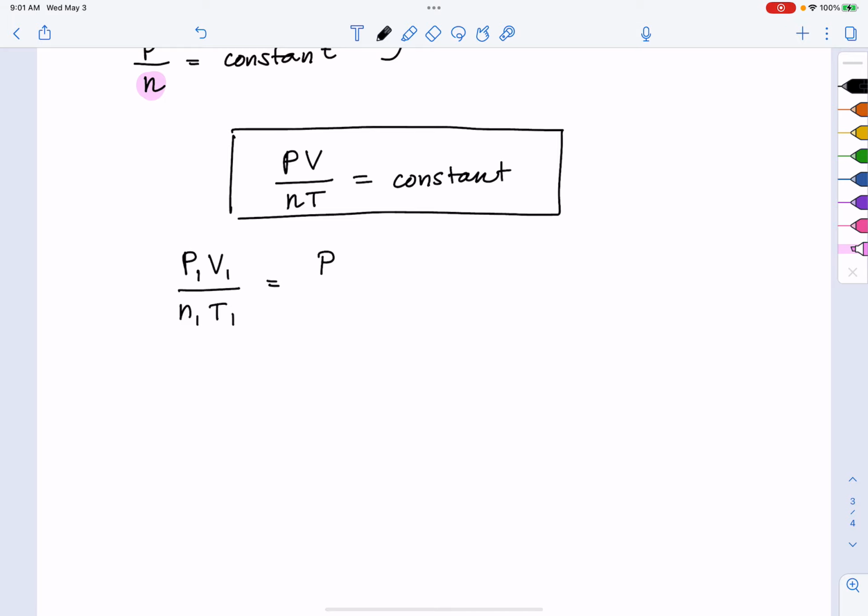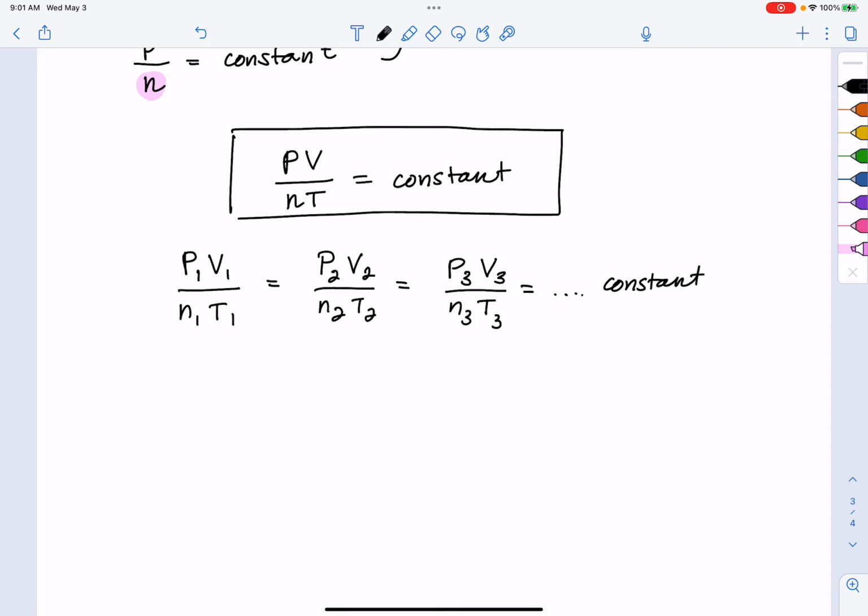And as long as I've got this plugged into the right mathematical structure, then this would be equal to some new conditions of pressure, volume, moles, and temperature, or some other conditions of pressure, volume, moles, and temperature. And these would all be equivalent because these are all equal to some proportionality constant.